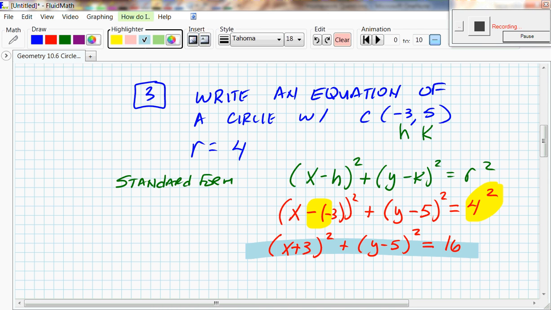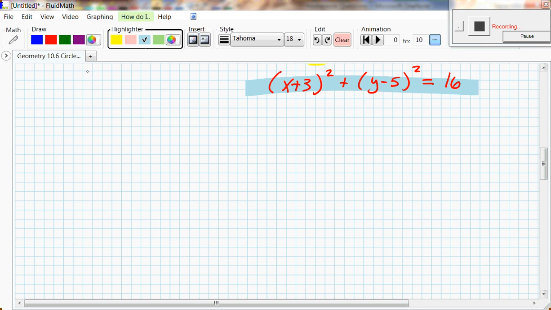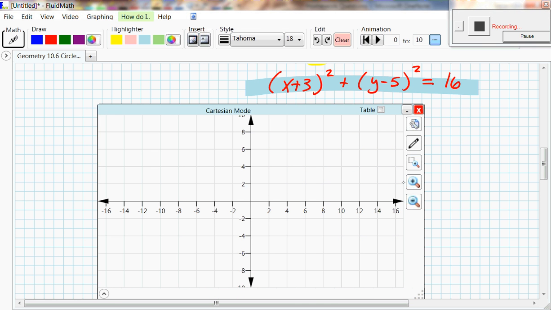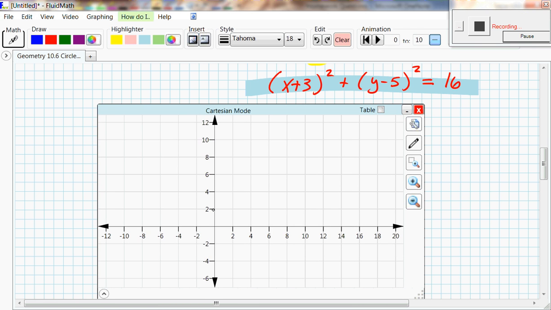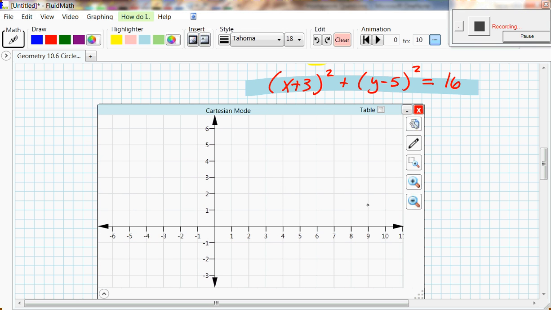All right, now I want you to graph the circle of the equation that we just wrote down on your graph paper using your compass, okay? So what you need to do is, first of all, make yourself a grid. Make the grid, with the center on the page.